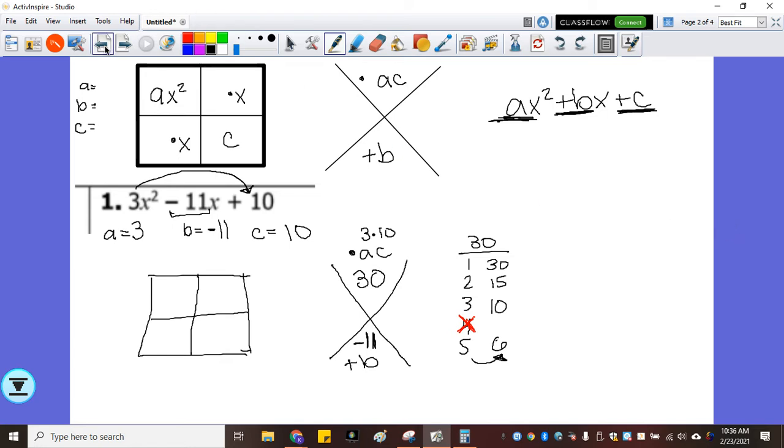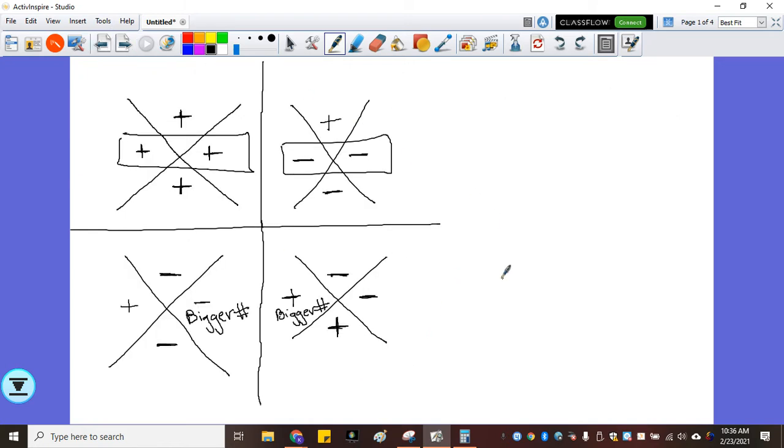So I realize we're having trouble if there's ever a negative in our Magic X. So I want to really simplify this process. This is the easiest way to simplify it. So if you're multiplying to a positive and adding to a positive, both numbers have to be positive.